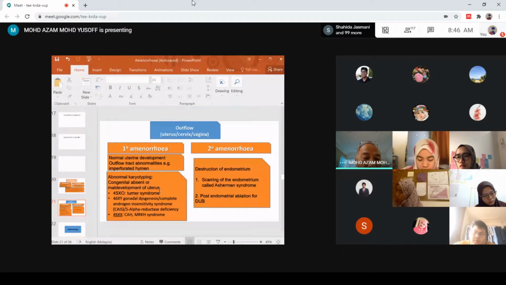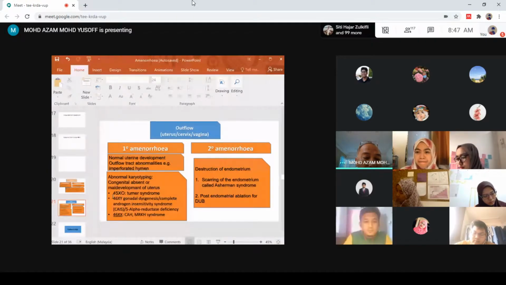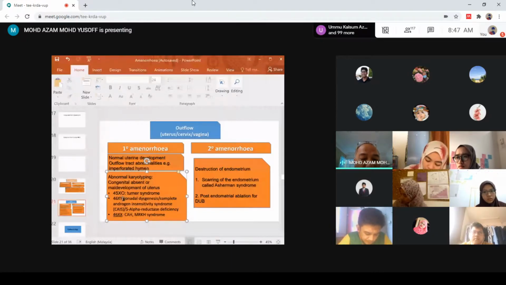Understand? Okay, this we call MRKH syndrome. The other one is where they are karyotypically male, 46XY. They have a Y, but they are externally ladies, and they don't have uterus, cervix, and vagina.